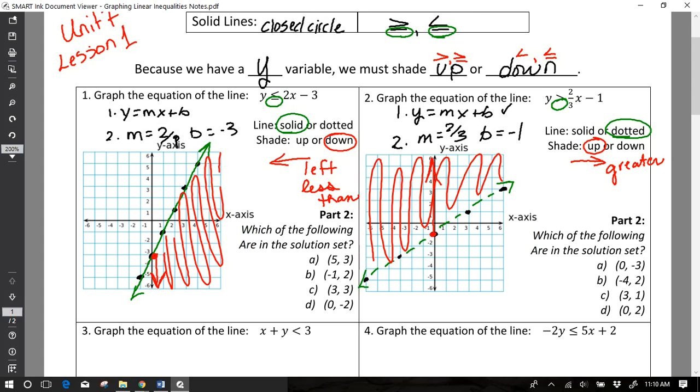Which of the following points are in the solution set? So what I want us to do is to plot all the points, okay? And then I'm going to label them as well.